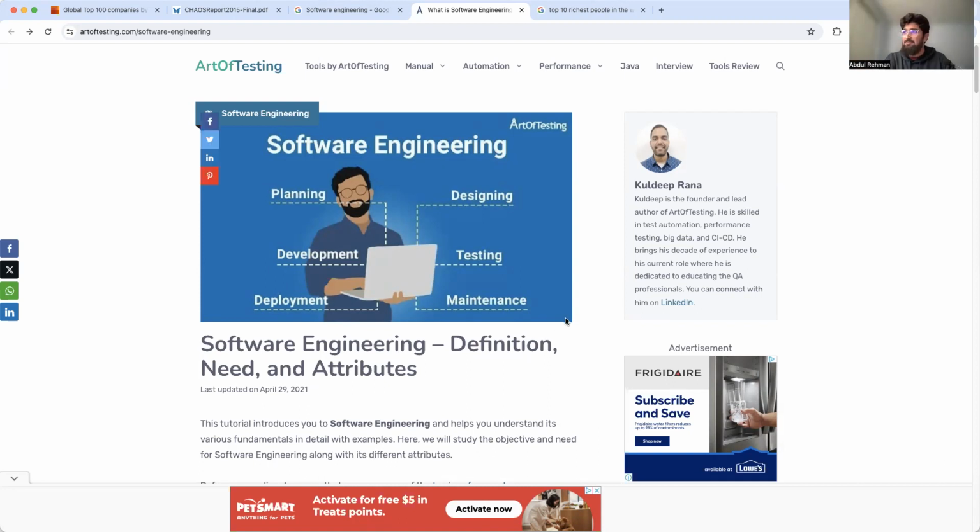This author says that software engineering, as per the definition, is an engineering discipline designed to apply engineering principles to design, develop, test, validate or maintain software. It gives us a sketch: planning, then designing, then development, testing, deployment and maintenance. This is how I would see this.